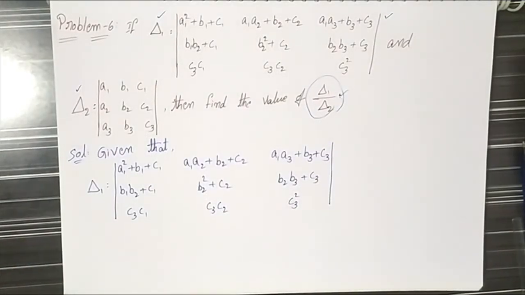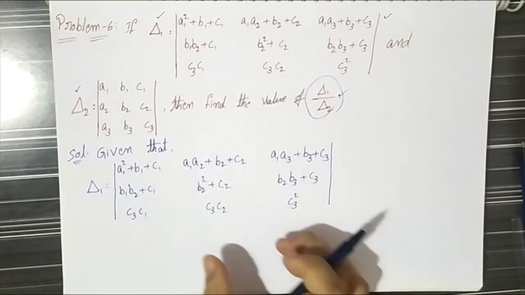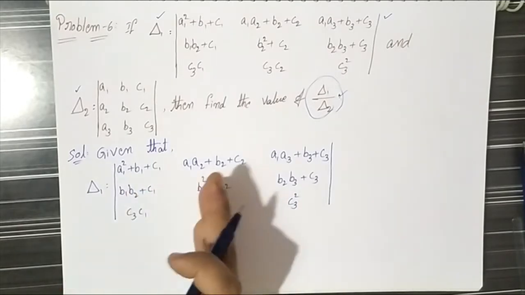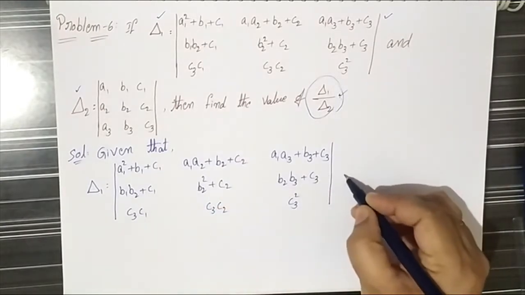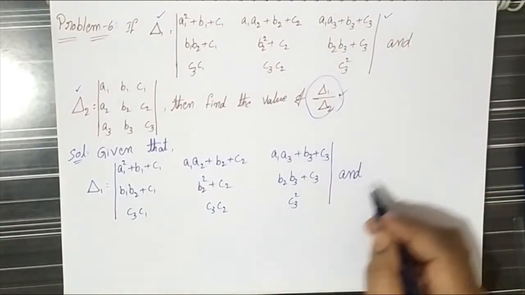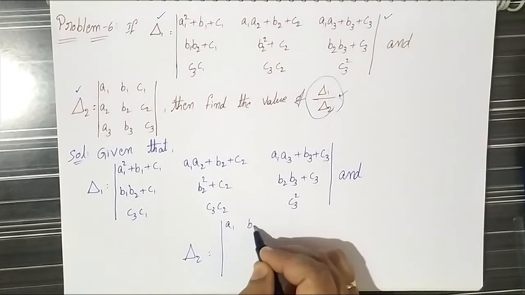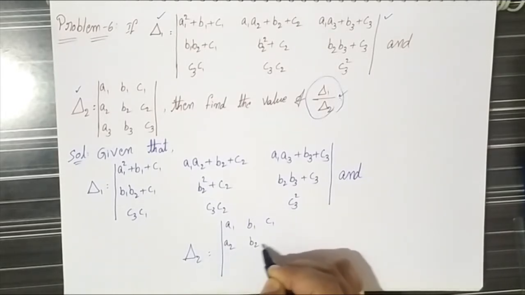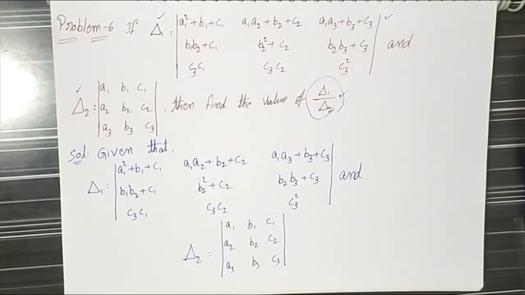By keen observation we have to simplify this delta 1 using some operations and taking common terms out of the determinant. And the given delta 2 equals the determinant a1 b1 c1, a2 b2 c2 and a3 b3 c3. This is the determinant value.